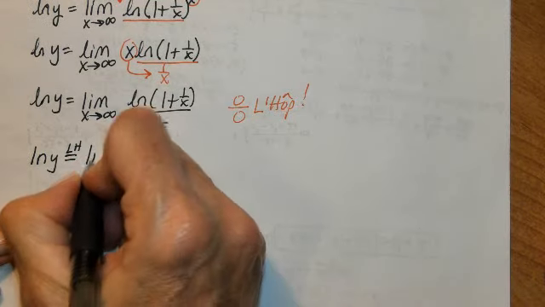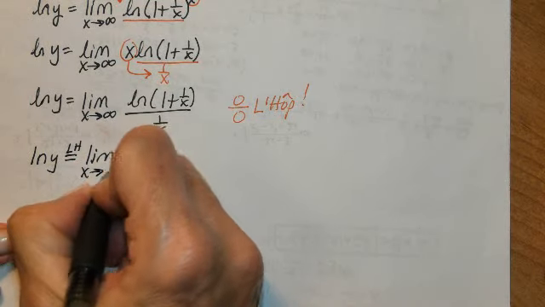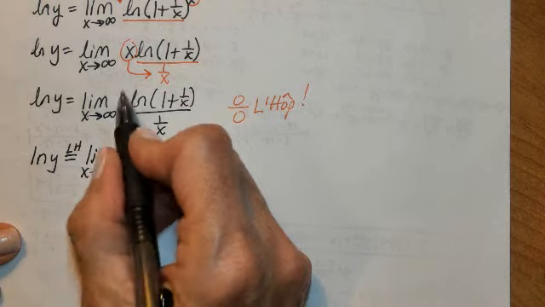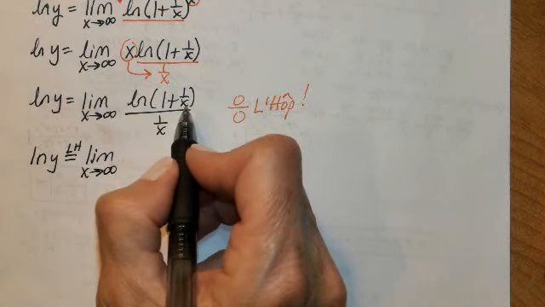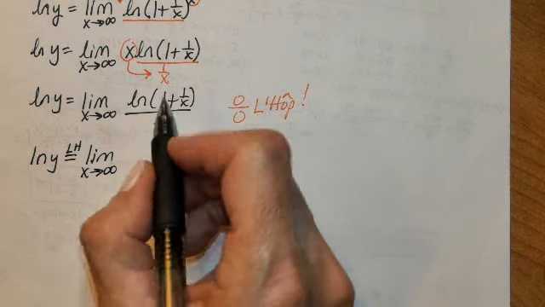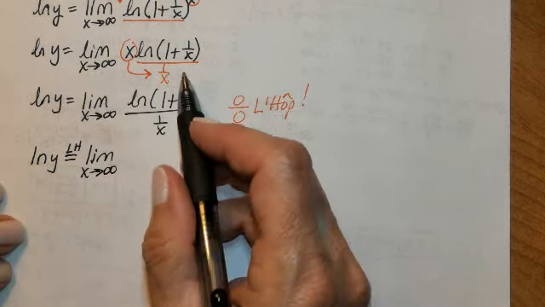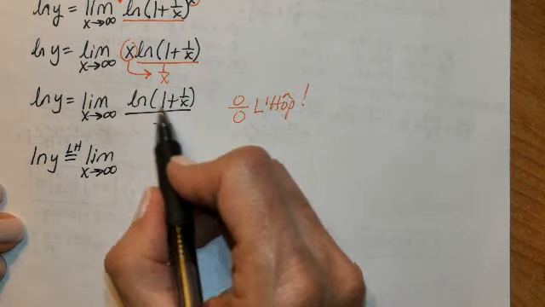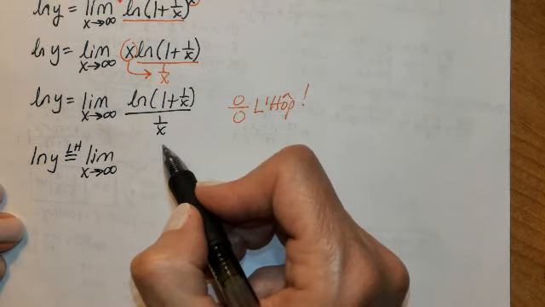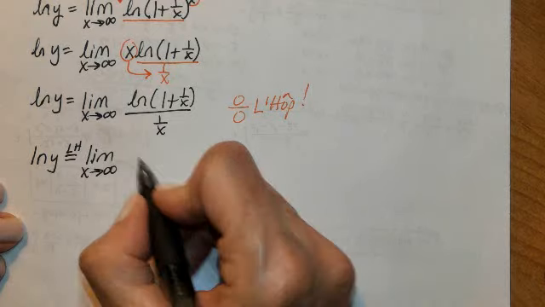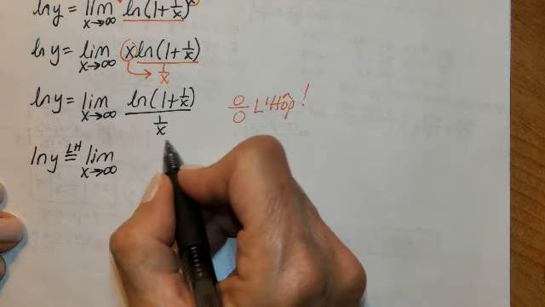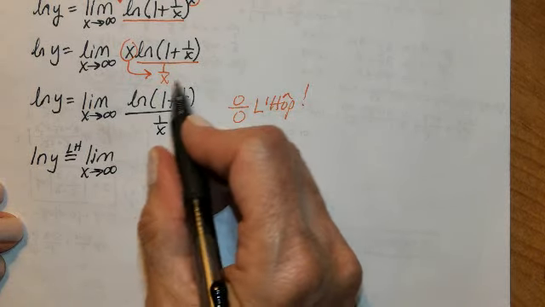Okay, limit as x goes to infinity of, all right, I need the derivative of natural log of 1 plus 1 over x. So the derivative of ln of u is u prime over u, right? So I need the derivative of this over itself. So this is going to be a complex fraction just in the numerator. So this will be the derivative of this.